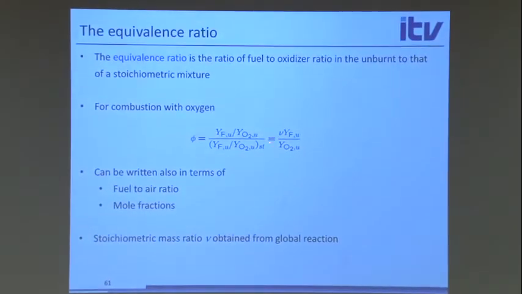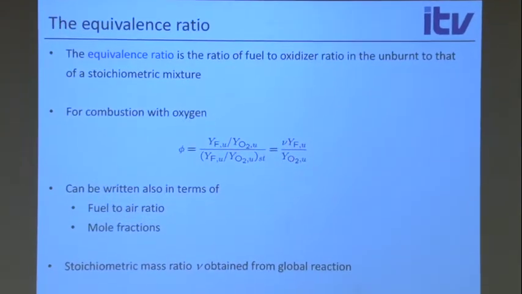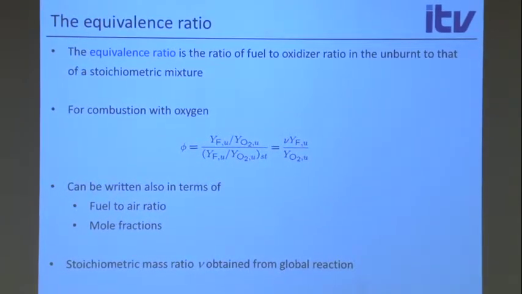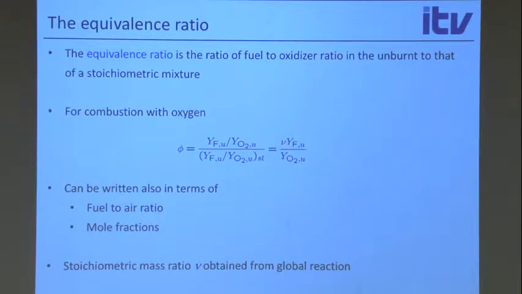It's the mass ratio I have divided by the stoichiometric value. The stoichiometric value is just this nu factor, and so I can write it again with this stoichiometric mass ratio. Then if this value is 1, I know it's exactly stoichiometric. If it's 2, I know I have twice the mass of oxygen of fuel I need.